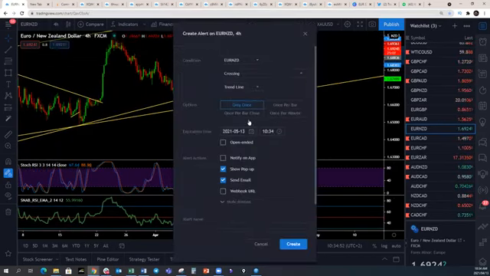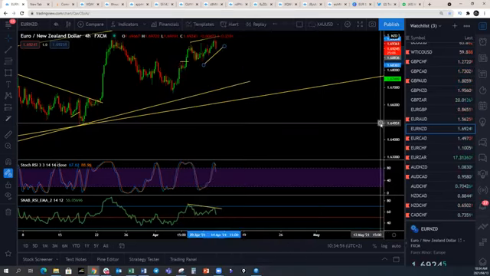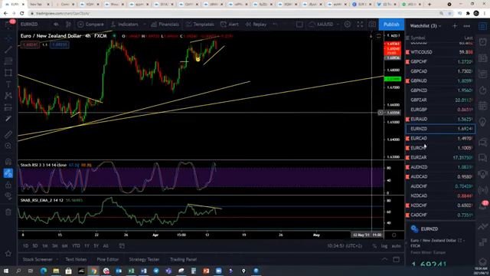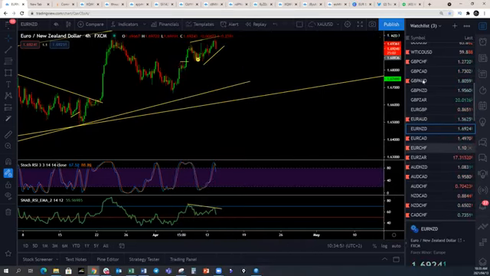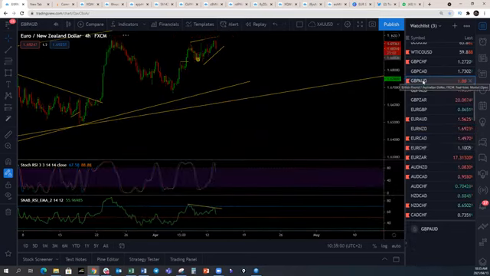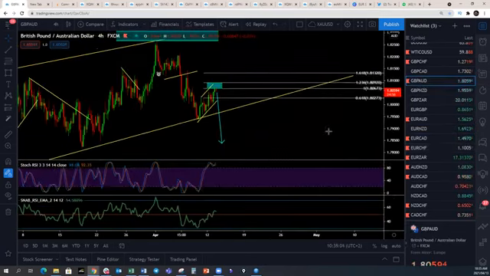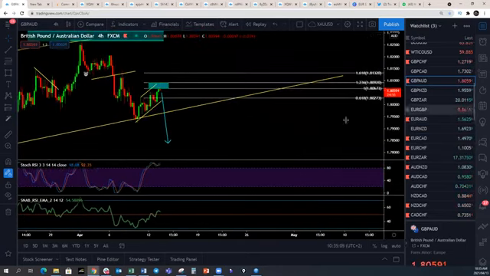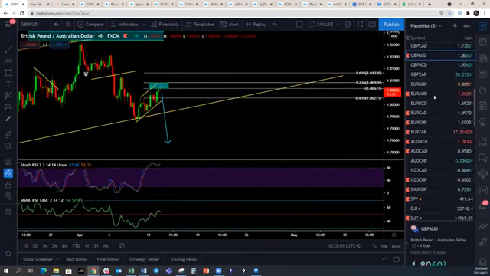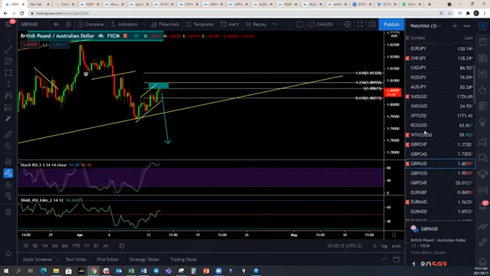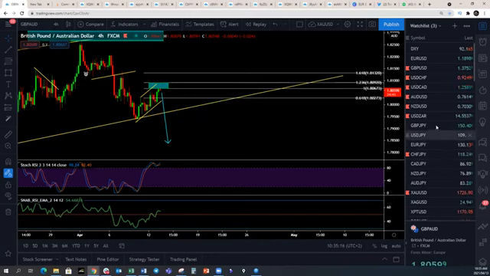We're just going to be watching that. Euros, pound, Aussies, we've looked for trade setups there.